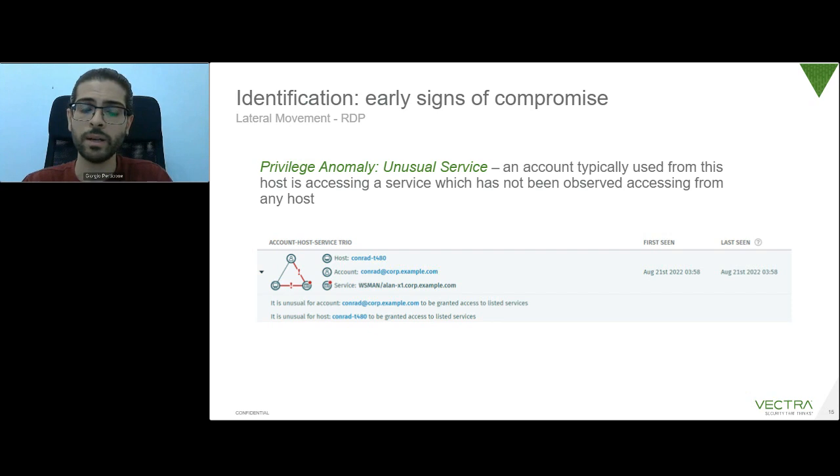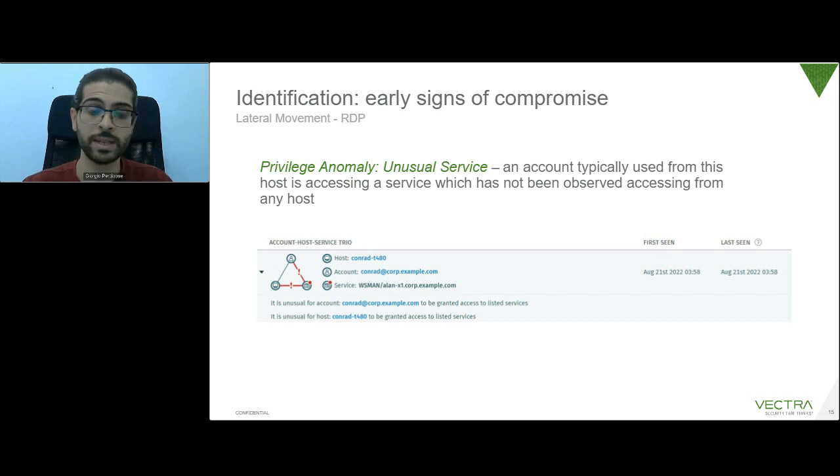This kind of algorithm is trying to understand what is the normal, the common behavior in your environment, and anytime it finds that the combination of these 3 elements is showing something that is uncommon, it detects it.